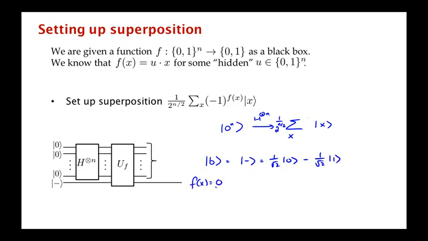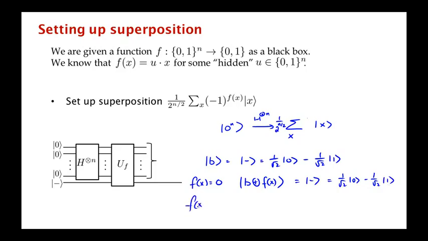Remember, the answer bit becomes b XOR f of x. So what's b exclusive or f of x in this case? Well, it just stays minus, right? Because when you XOR 0 into something, it does nothing. So it just stays 1 over square root 2, 0, minus 1 over square root 2, 1.